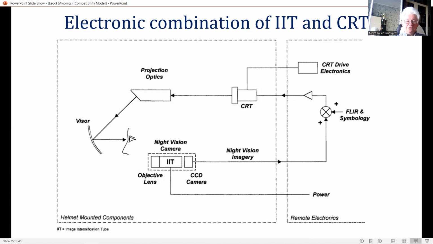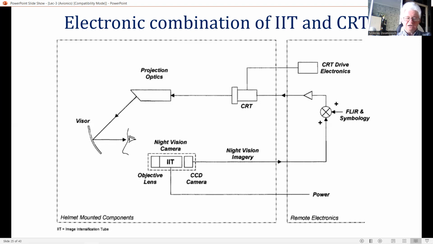This figure illustrates the concept of electronic combination of IIT and CRT. The advantage of this approach is that it maximizes the performance of the CRT display by removing the need to mix IIT and CRT imagery optically.